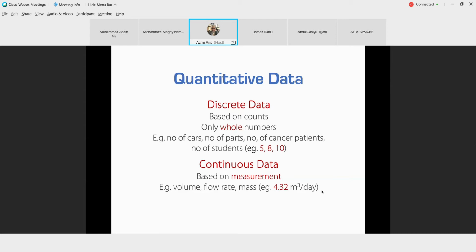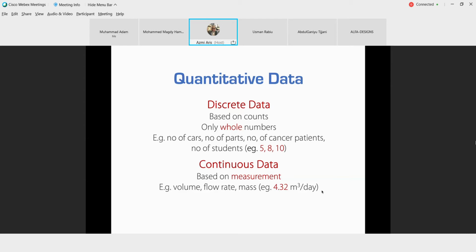But it is very important when you collect your continuous data, which is based on measurement, you should know what significant figures are relevant to your work. Sometimes you don't need any decimal places at all, or sometimes you need up to 5 decimal places. So you should know up to what decimal places is significant for your work.